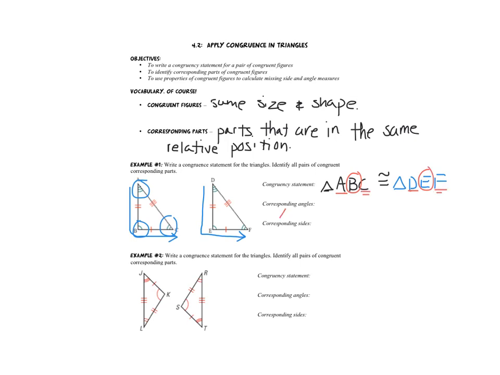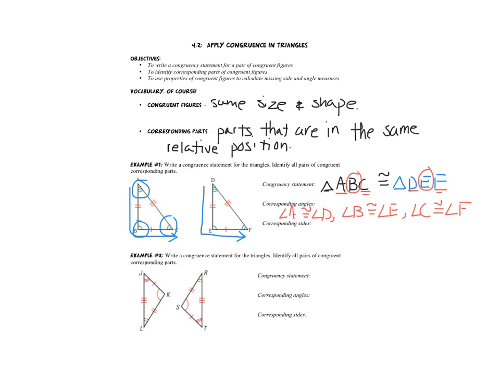So angle A is going to be congruent to angle D. Angle B is congruent to angle E. And finally, angle C is congruent to angle F. And again, like I said, I don't even have to look back at the picture. I just know because the order that I wrote my congruency statement is consistent and corresponding. I don't have to even think about it. I just write it that way.